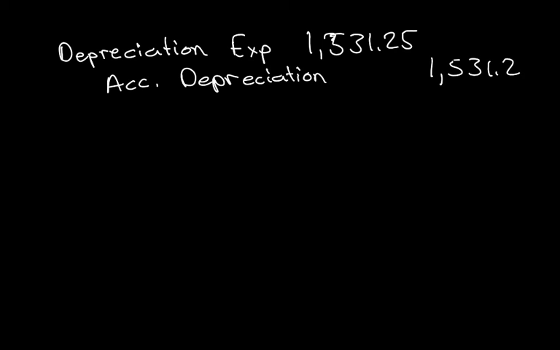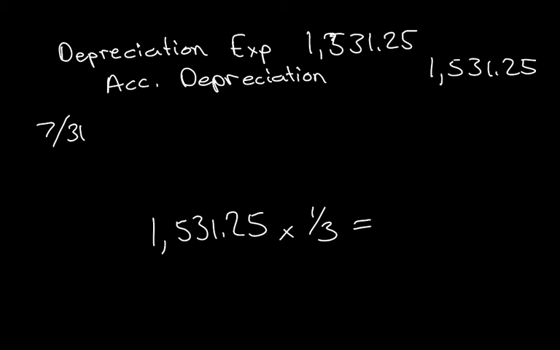However, what happened at the end of their first quarter? The end of their first quarter was July 31st. And as we see, take the $1,531.25 and multiply that by 1/3, we would get $510.42.